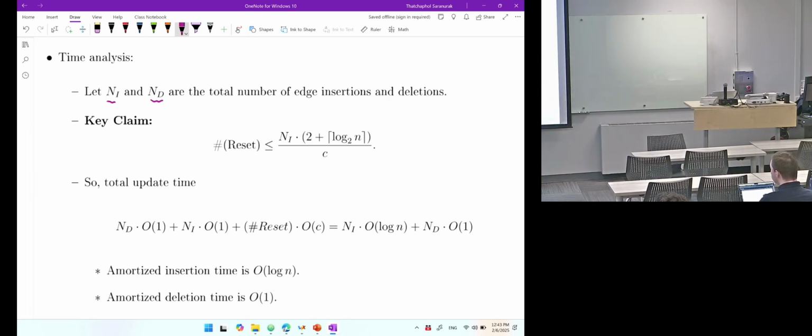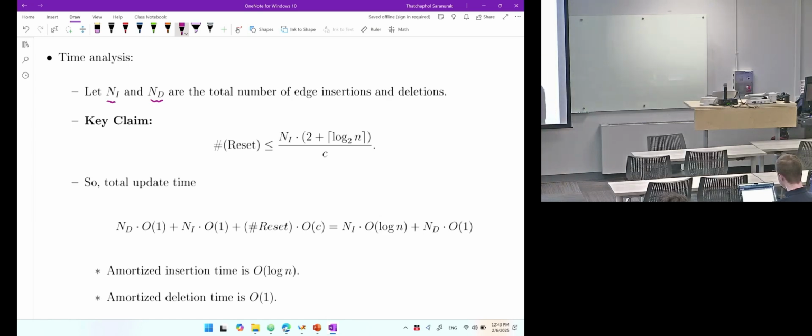Each deletion you spend constant time. Each insertion you also spend constant time to insert. And you're going to do some resets. But for each reset, how much time do you spend? You spend C time, right? You flip C many edges. You used to have out degree 5C, now you flip so that you have out degree 0.